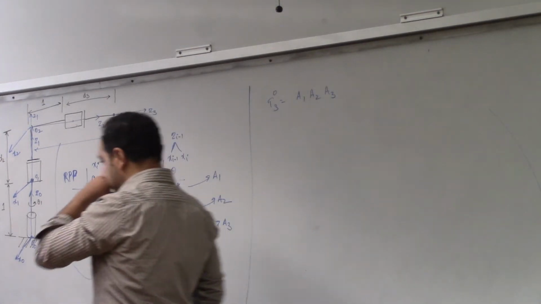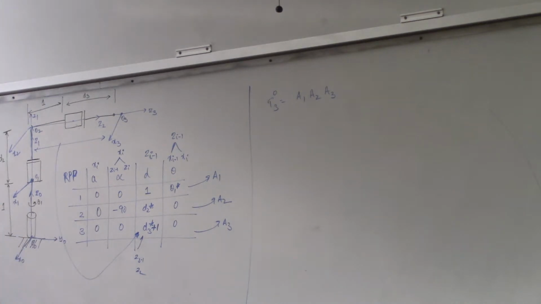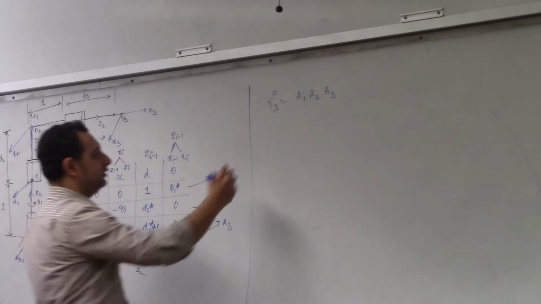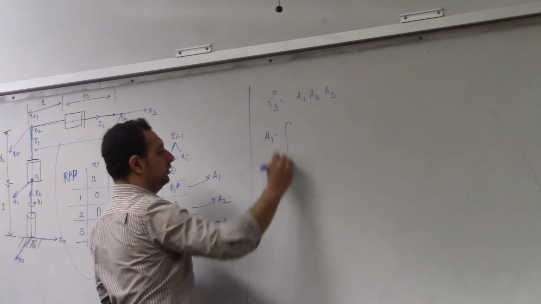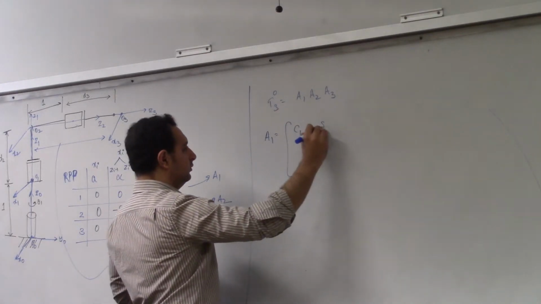Once you do this, you'll have a forward kinematic equation. Obviously, the first one is a rotation about z, so A1 should be pretty straightforward. A1 should not be a problem.